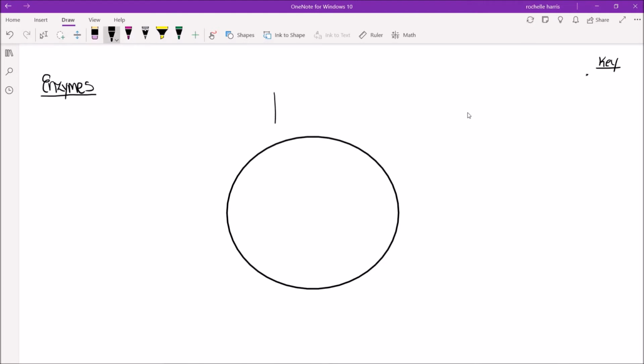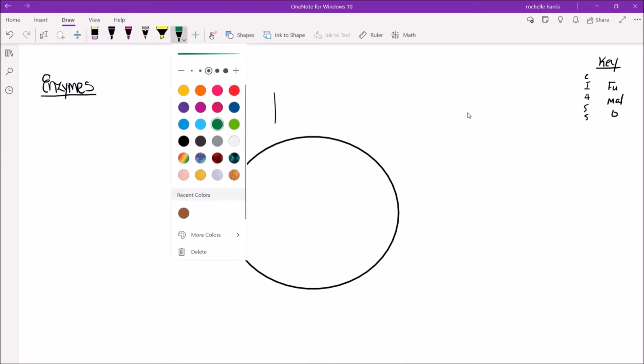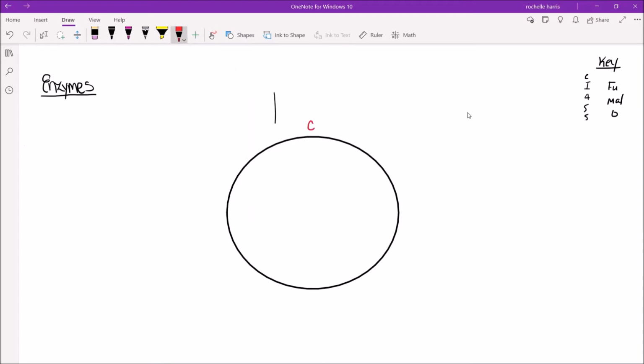So remember our key, C, I, A, S, S, Fu, Mal, and O. We write that here. We begin with pyruvic acid, there are reactions that occur, and we have acetyl-CoA. So that is our base.